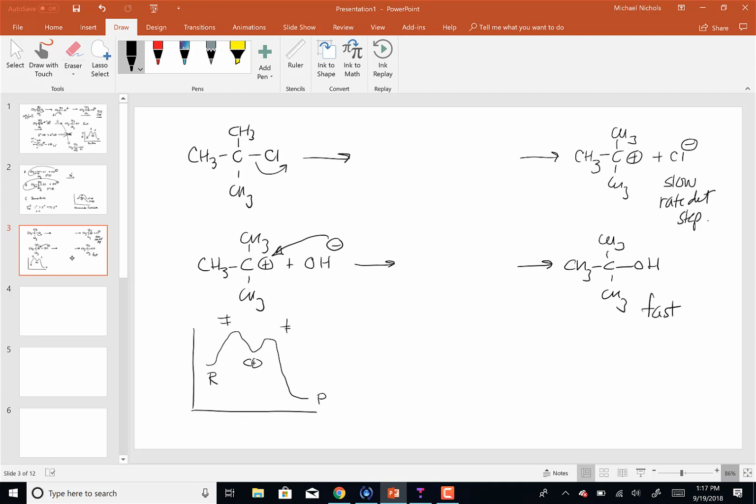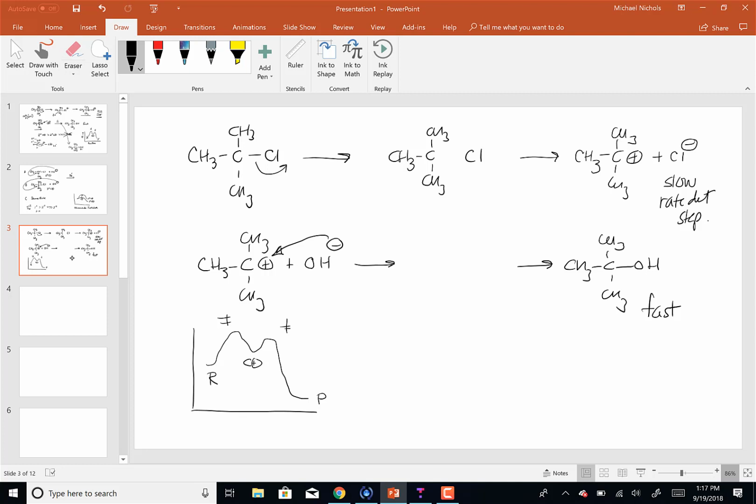So how am I going to show the transition state for the first step? And I left blanks there so that I could put them in. Well, first thing we're going to do is draw kind of the average structure of the reactants and the products. So I'm going to draw it like that. Which bond is being broken? The carbon-chlorine bond.